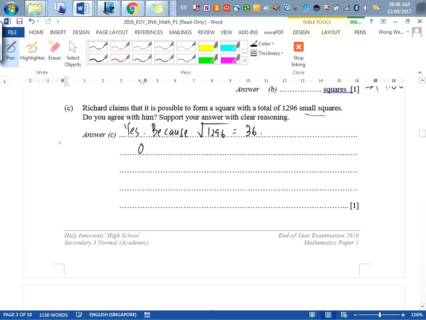Or you could have written: yes, because 1296 is equal to 36 squared. So that means 36 rows, 36 columns, and we will get 1296 squares. Okay?